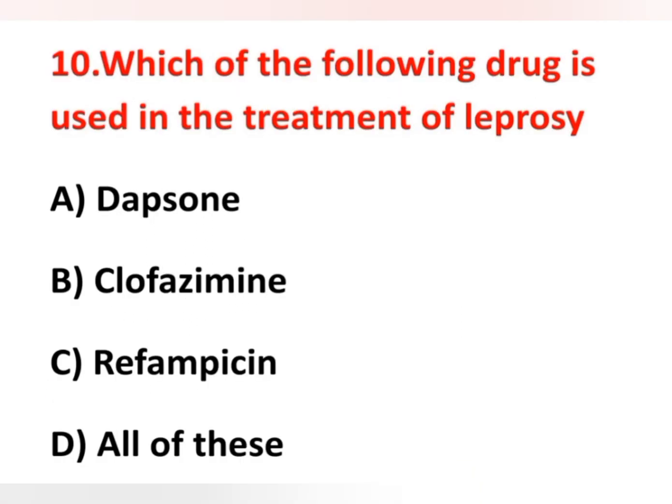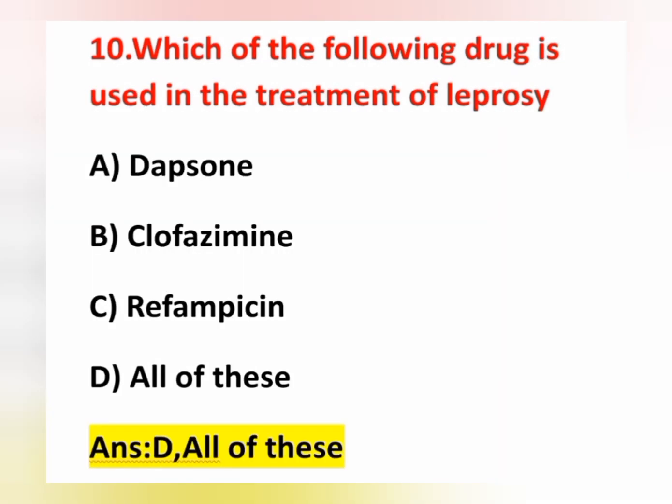Tenth question: which of the following drugs is used in the treatment of leprosy? Options: option A, dapsone; option B, clofazimine; option C, rifampicin; option D, all of these. The correct answer is option D, all of these. This is the multi-drug therapy for leprosy.